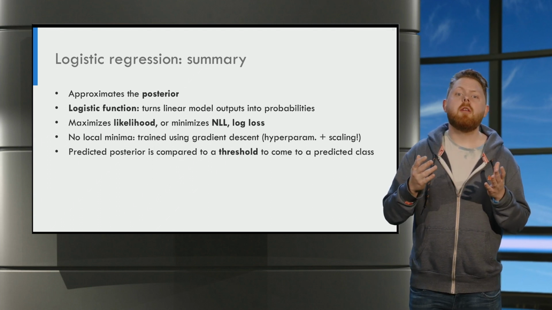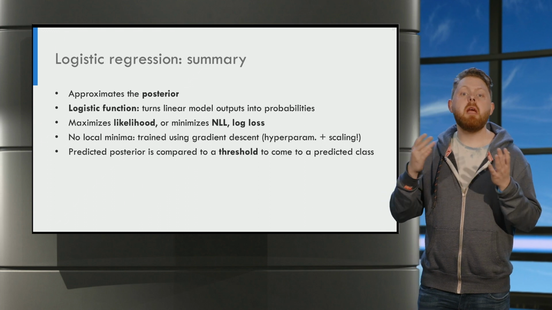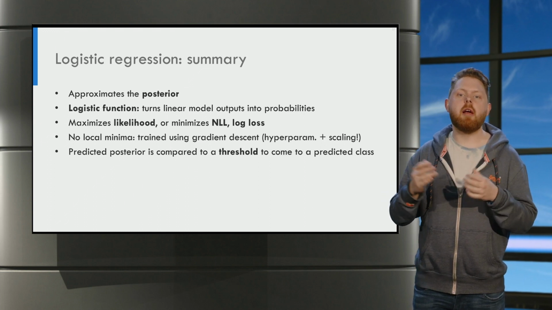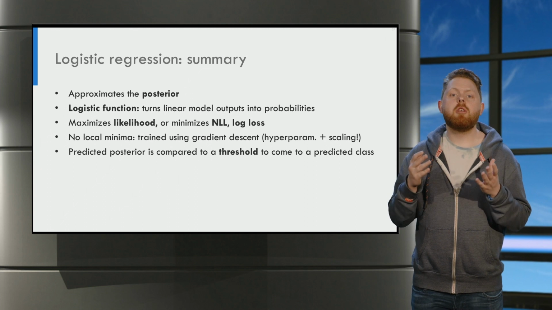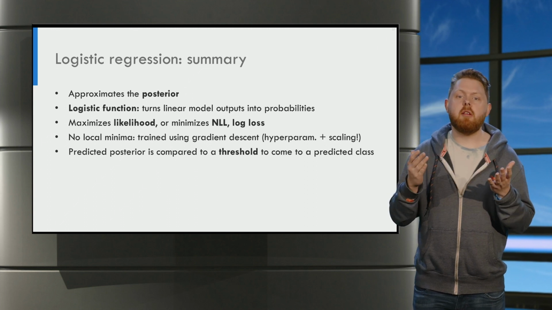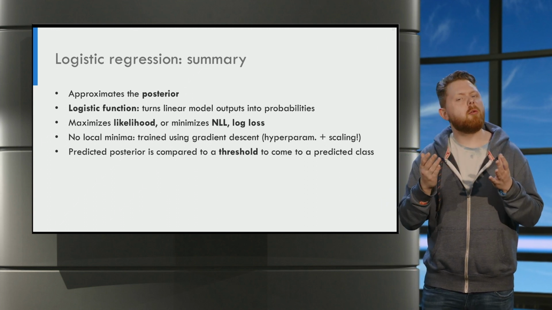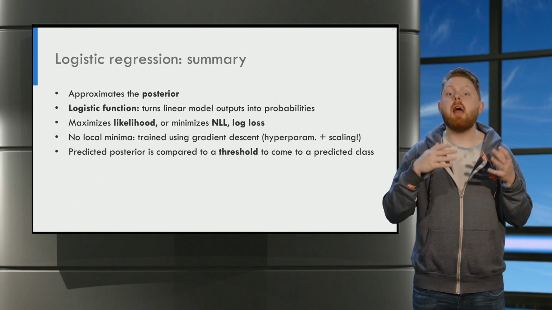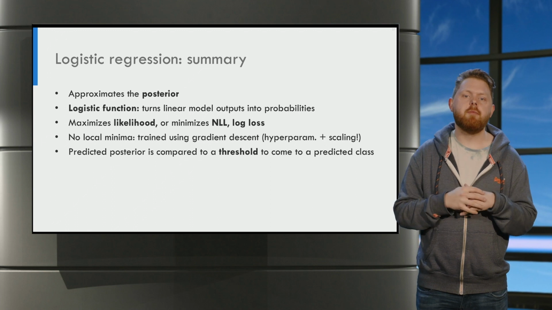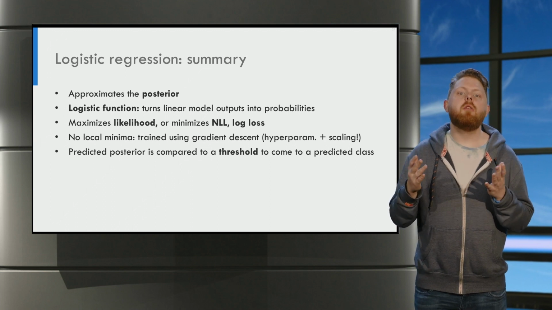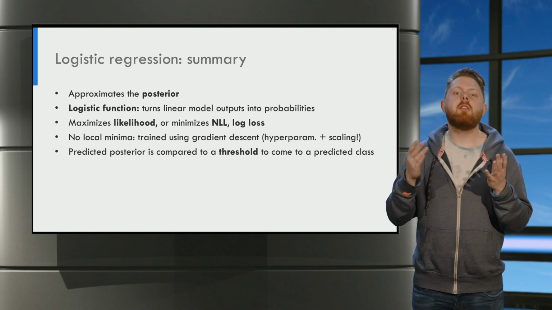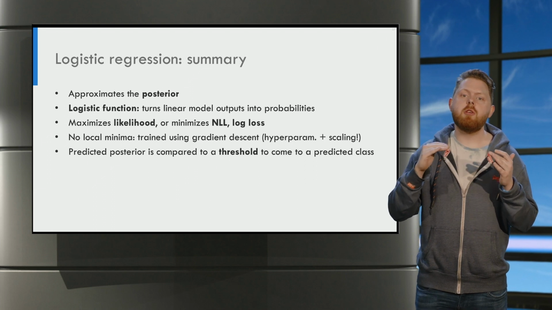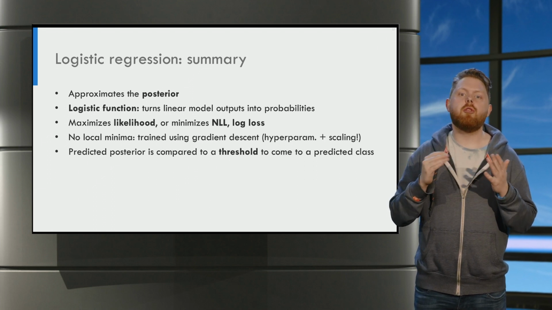We discussed that logistic regression minimizes the negative log likelihood. Logistic regression uses gradient descent for training and therefore requires careful tuning of hyperparameters, and we need to scale our features. Finally, to come to predictions, we can set a threshold that determines when we are going to predict a certain class.